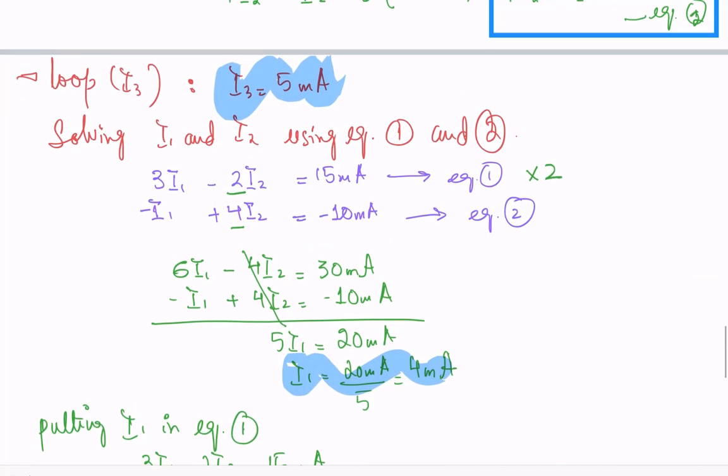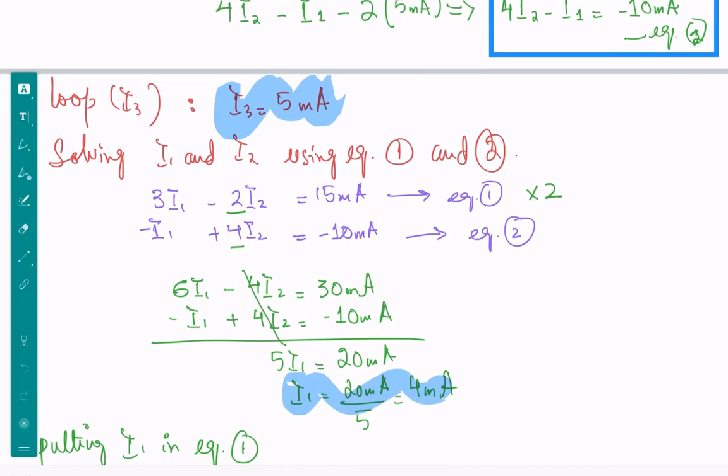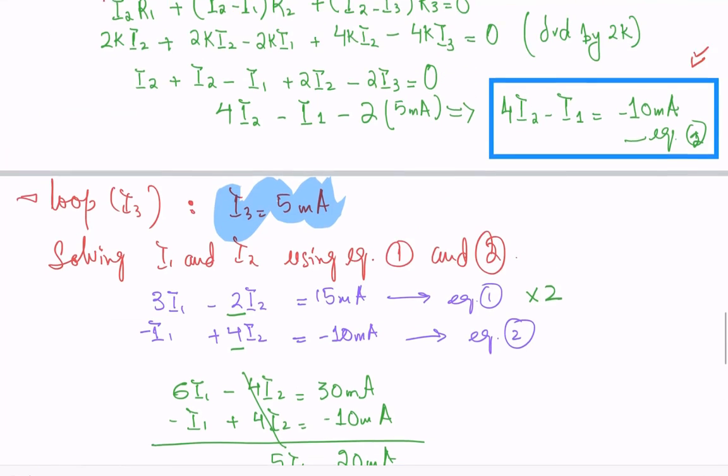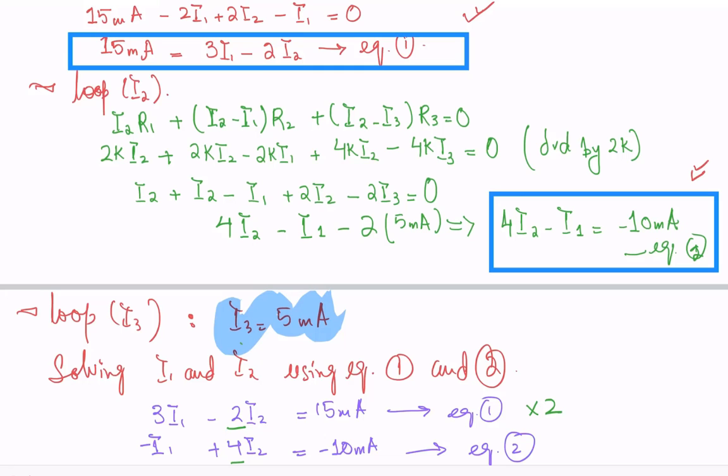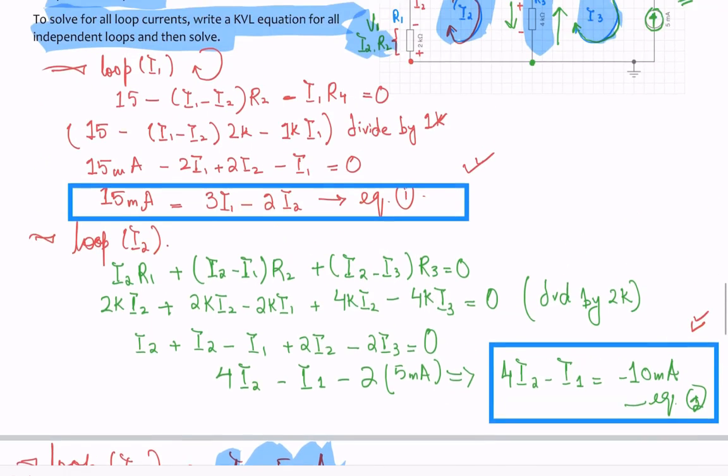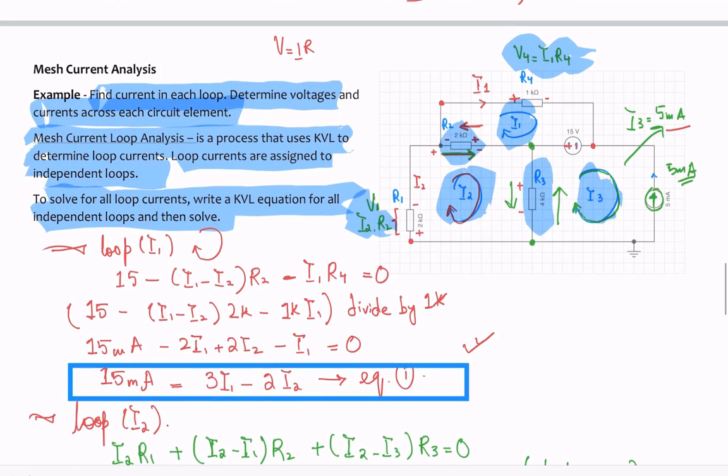And also, I just wanted to make sure of one thing that I forgot about. This I3 right here is actually going to be negative 5 milliamps. The reason for that is, if you notice, the direction of the 5 milliamp current source is this way, correct? But we consider in our analysis that I3 flows in the clockwise direction.